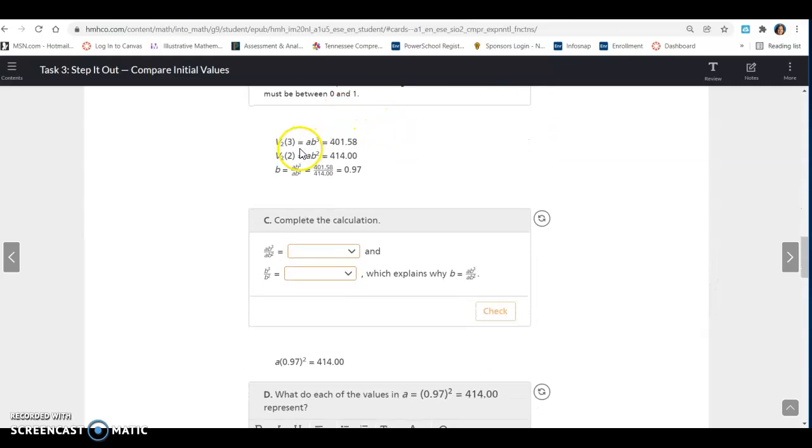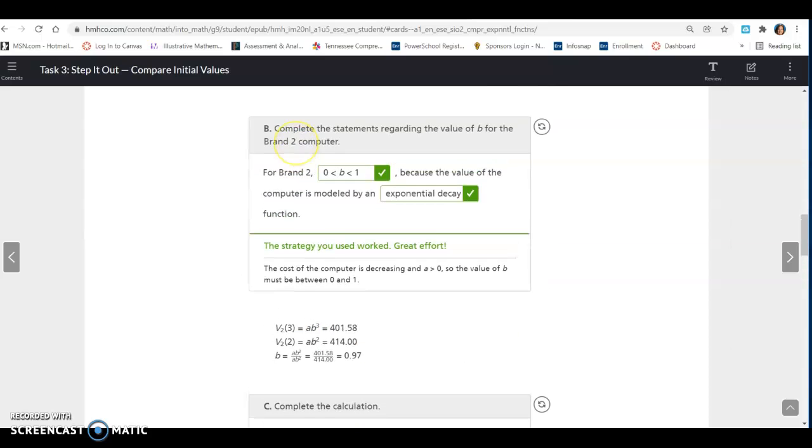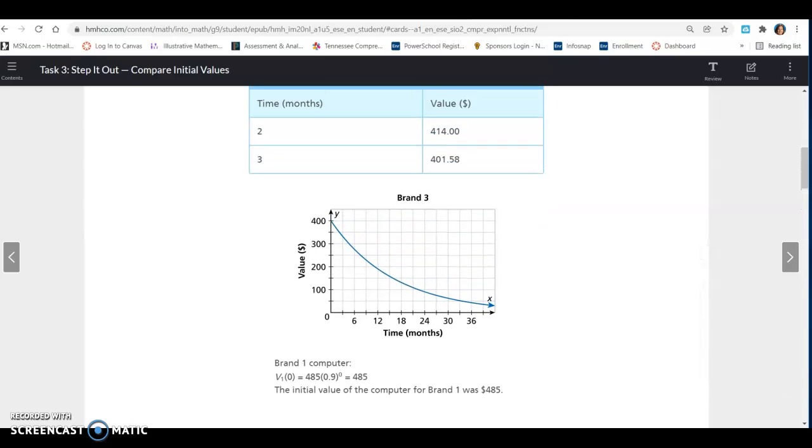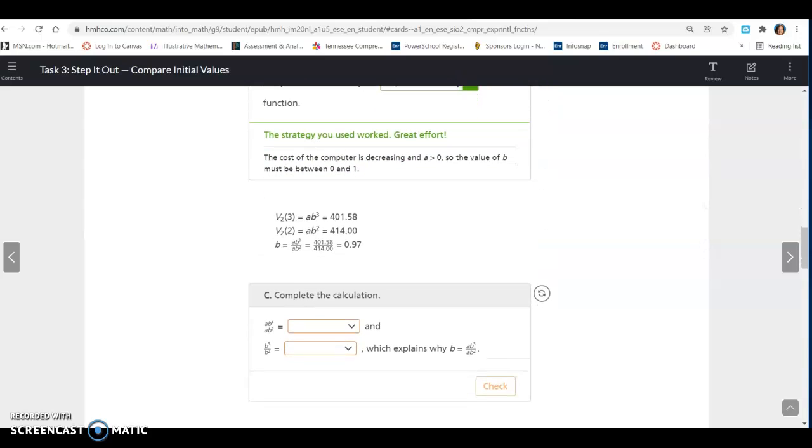It says use our 2 points. So v of 3 equals ab to the third power equals 401. This was our x and our y from our second point, the 3 and the 401. And 2 and 414 is another point given, so they're going to plug that in as well. They're going to use those 2 points to put these together.